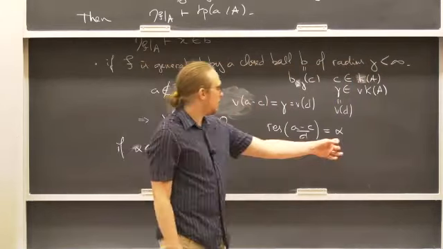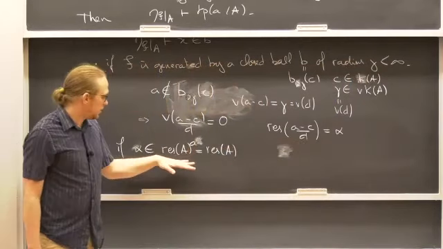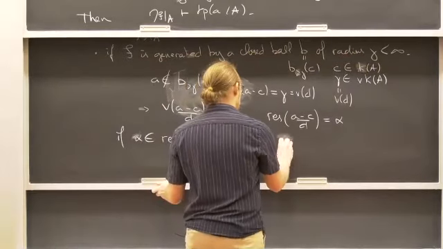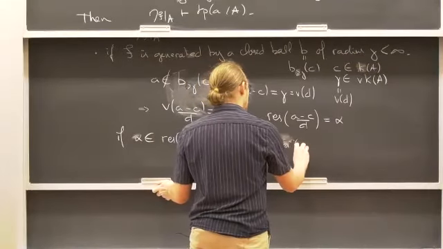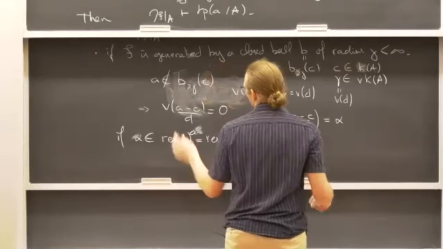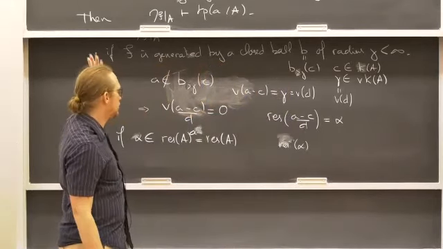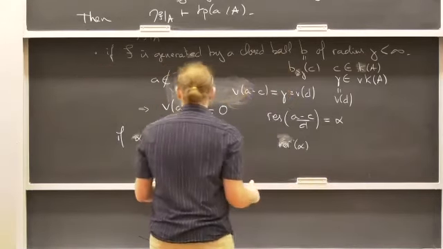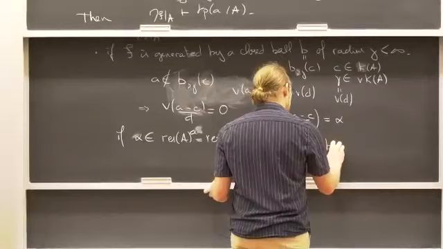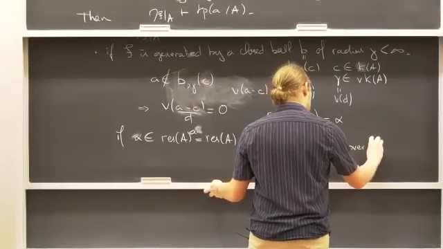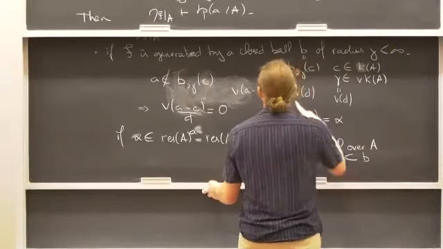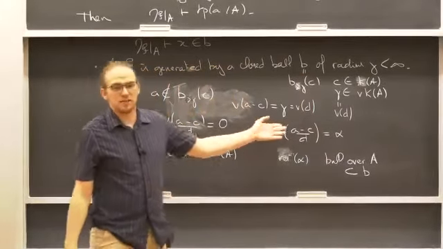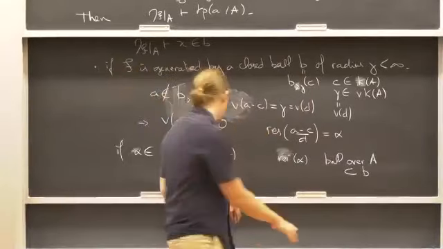So this alpha here cannot be in here, because once again, res minus 1 of alpha would be a ball over A. Actually, it's exactly this ball. No, sorry, it's another ball. That would be a ball over A, which is strictly included in the initial closed ball B. So A cannot be in it, but A is in it.